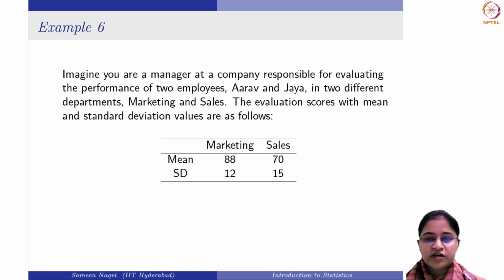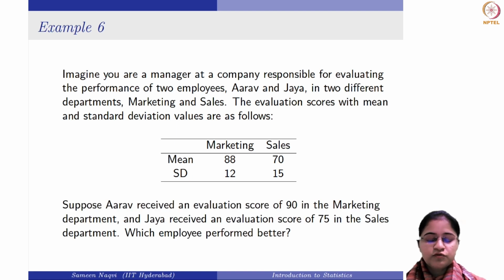So they conduct some exams, and the evaluation scores, their means and standard deviations for the two departments are given to you. You find that Arav scored 90 in the marketing department, whereas Jaya received 75 in the sales department. And now you have to find which employee performed better.